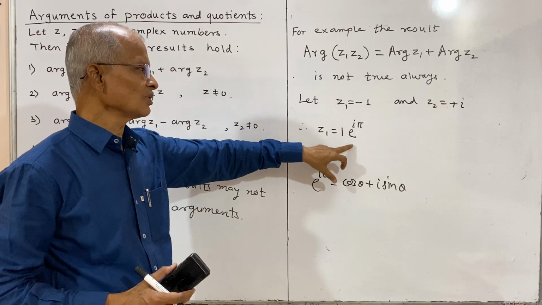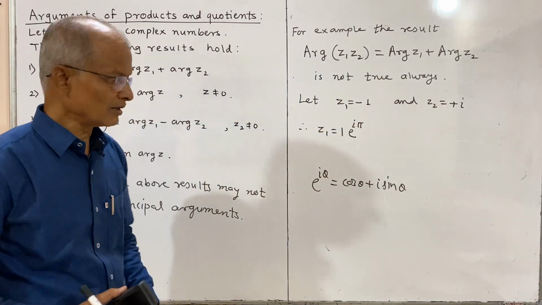If it is -2, then it is 2 into e power i pi.